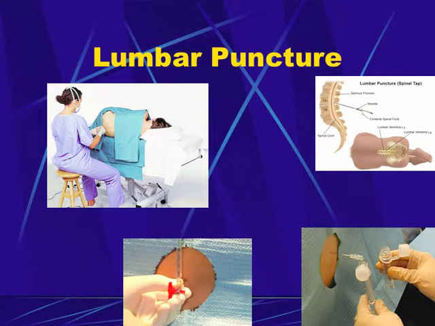And so they get in the space, they allow the fluid to drip out, and there's actually usually 4 or 5 of those little vials you see there. So your job as the nurse is to hand those vials to the doctor and then label them as they come out. So we label them 1, 2, 3, 4, put the patient's name on them, and send them to the lab. So you just hand them, the doc drips a few drops, and then you hand them the next vial, and they drip a few drops.